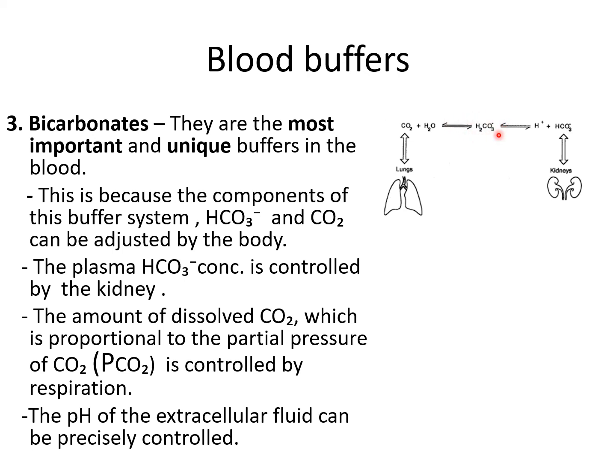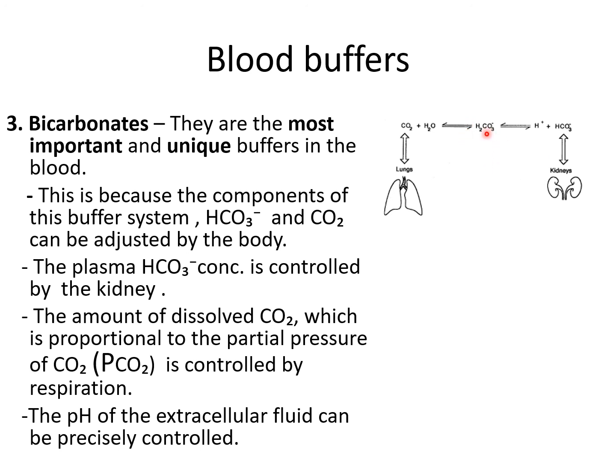If this H2CO3 were not dissociated into CO2 and H2O, then what would happen? There would be accumulation of more and more H2CO3, which is an acid, causing a decrease in the pH from, say, 7.4 to 6.1, because we know the pK of this bicarbonate buffer system is 6.1.